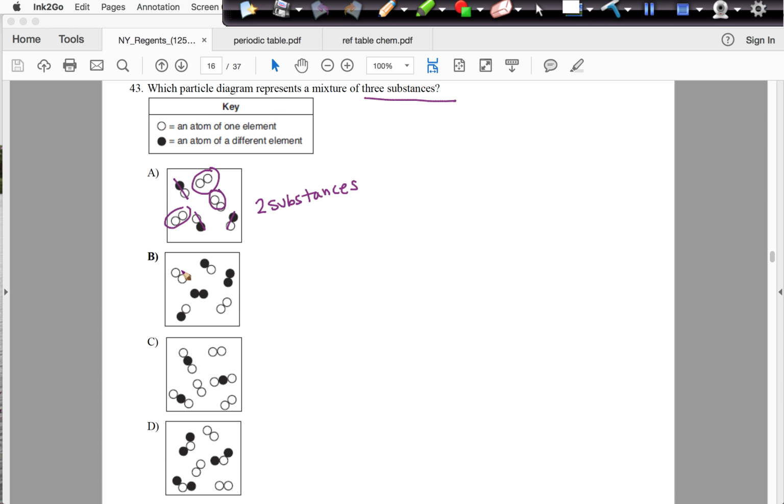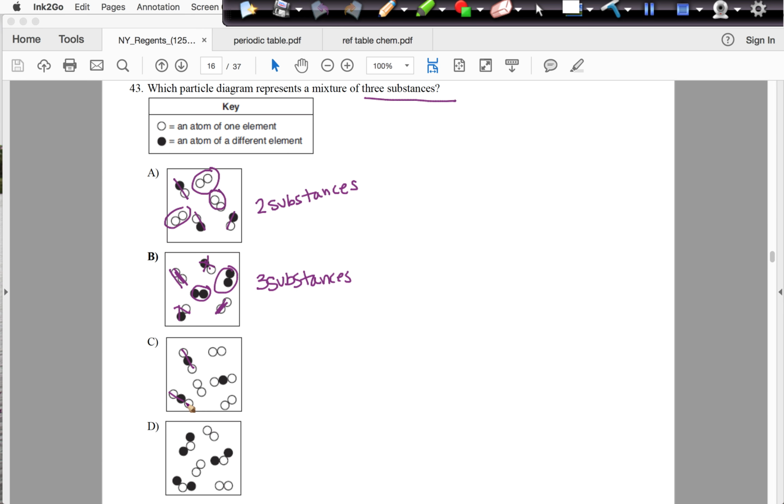For B, this is 1 type of substance, both open circles connected in 2s. This is a second type of molecule, closed circles connected in 2s. And this is a third type of molecule, which is 1 open, 1 closed.